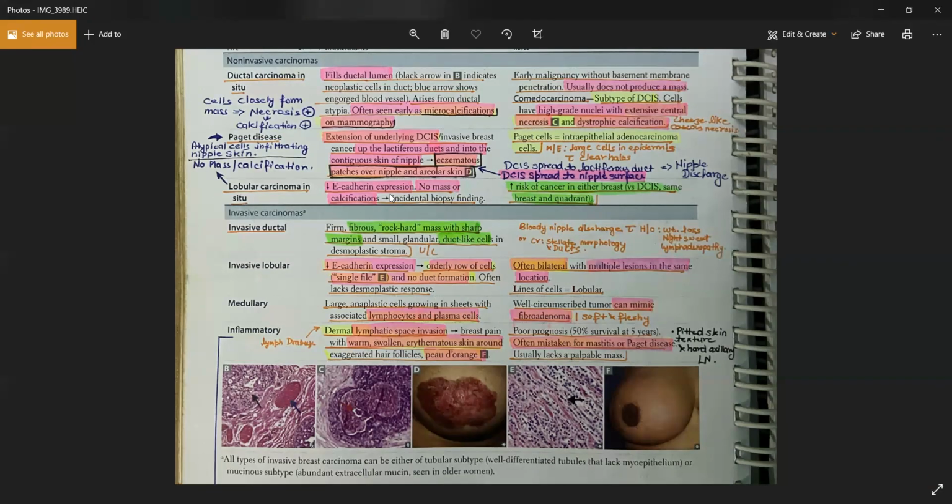For that you require integrins, laminin, and fibronectin. After detaching from the surrounding cells, these cells attach to the basement membrane via these proteins, and then they invade the basement membrane.